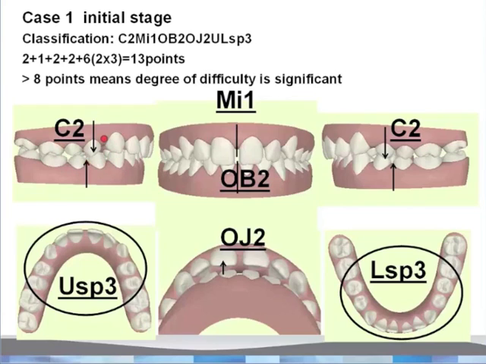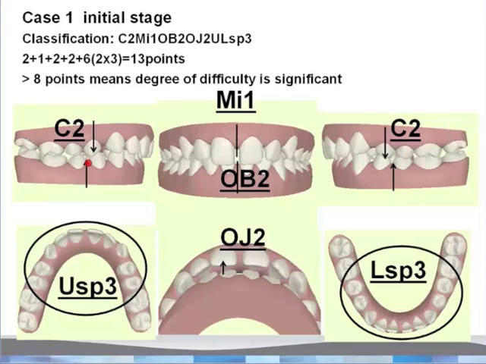We know that the first bicuspid is our main guide, and it needs to fit down into this embrasure. As you can see in this case, the first bicuspid is medial to the ideal position where it should be sitting in that embrasure. So that's a C2. Is it class 2? We don't really want to think of it in those terms, but it's a C2, and we talked about that being a moderate type of classification.